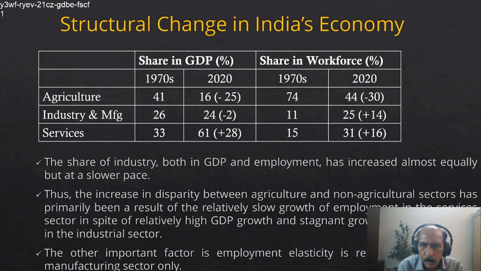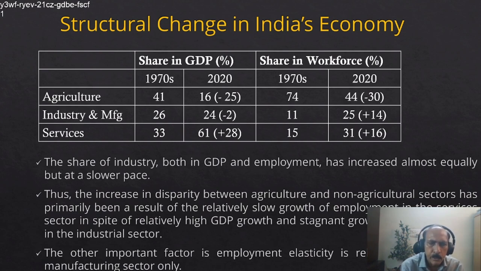You see these figures I have repeated here. The share of agriculture in GDP in the 1970s was 41%, and in 2020 it reduced to 16%. It means there was a 25 percentage point decline in the share of agriculture in GDP.